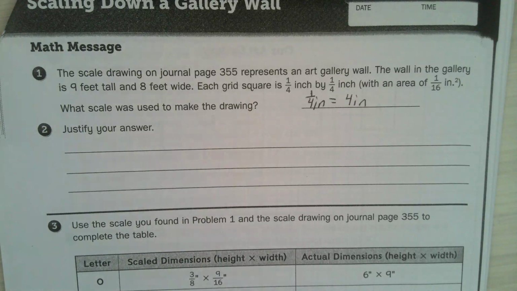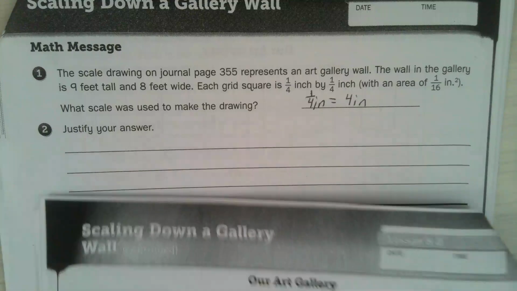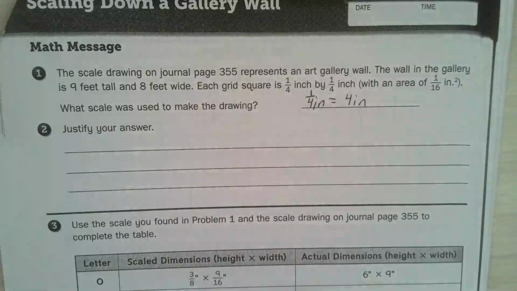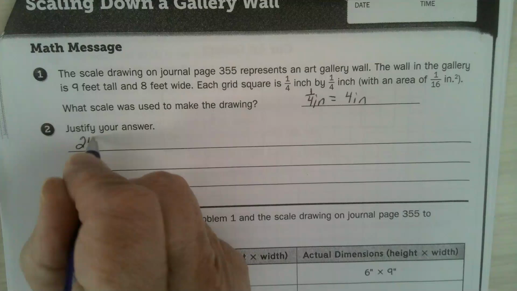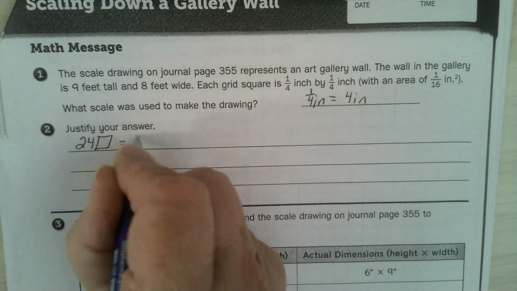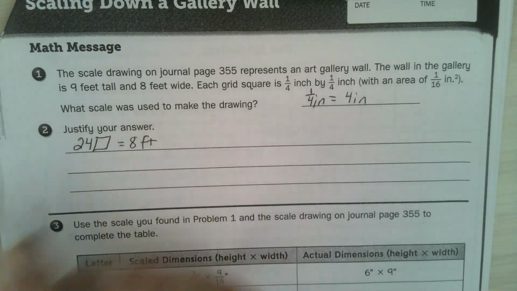If you count your squares, I think there are 24 squares across. 24 squares equals 8 feet. Just draw a square: 24 squares equals 8 feet.